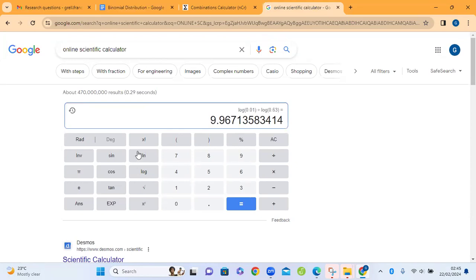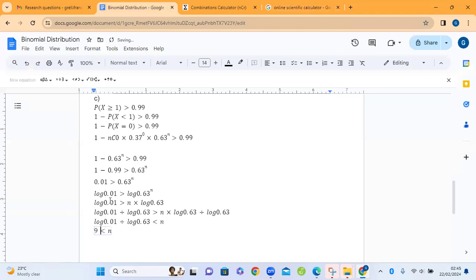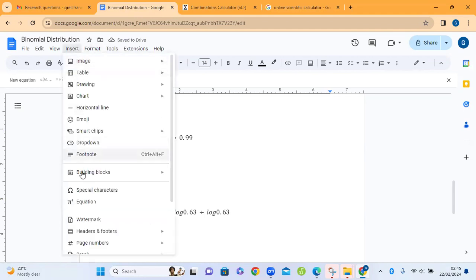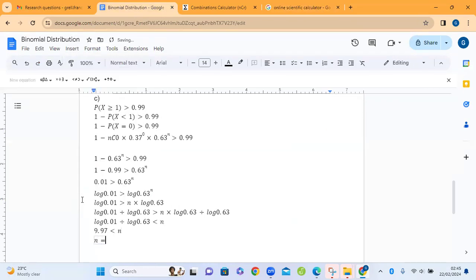So n has to be greater than 9.97. So therefore n must be equal to 10. Because normally this question is asking us for the least value of n. It was not specified, but that's what it's normally asked for, the least value of n. N must be equal to 10.